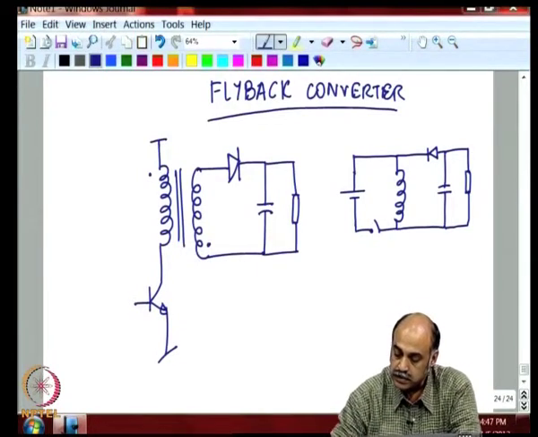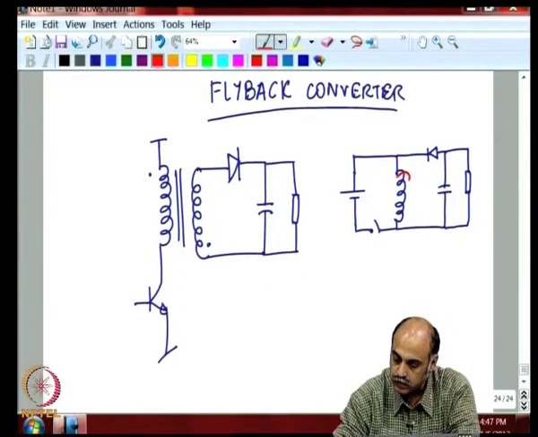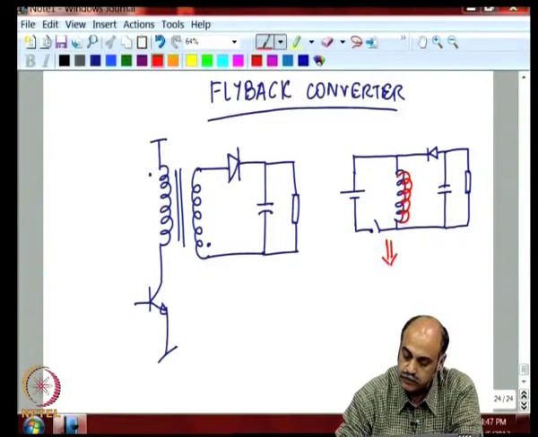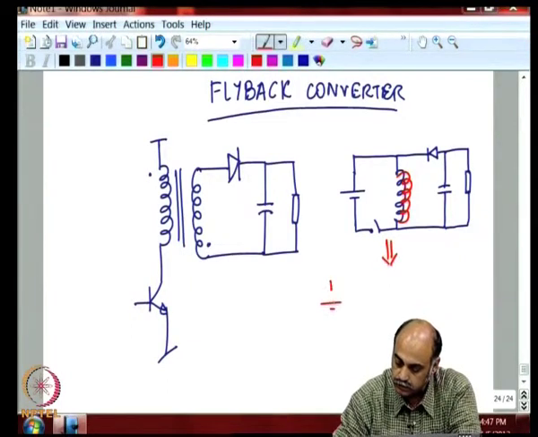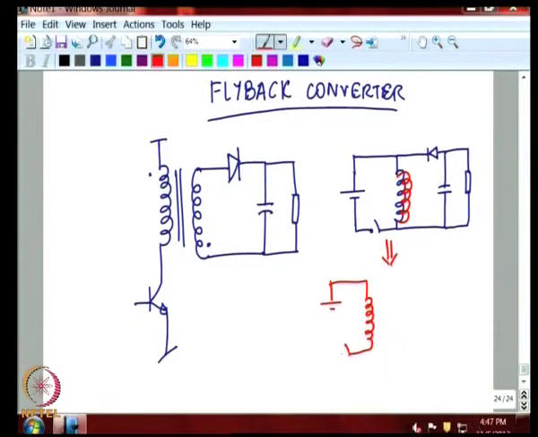Now, by putting this extra winding here, the primary side is still the same. Then instead of hard wiring a junction point here, you have the mutual coupling.